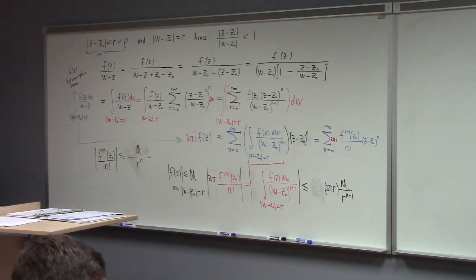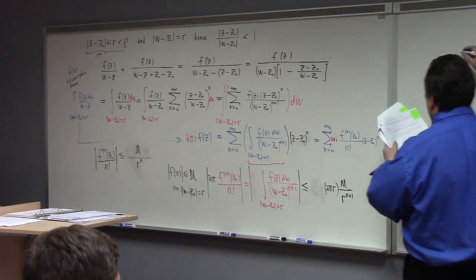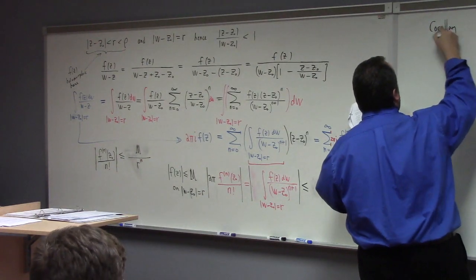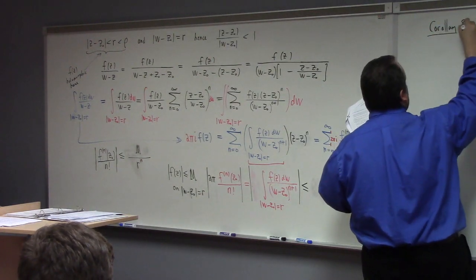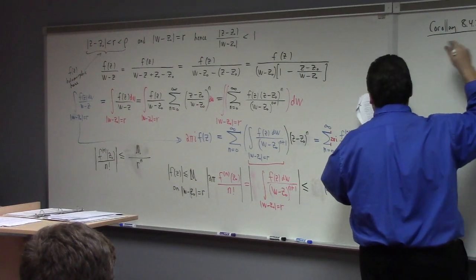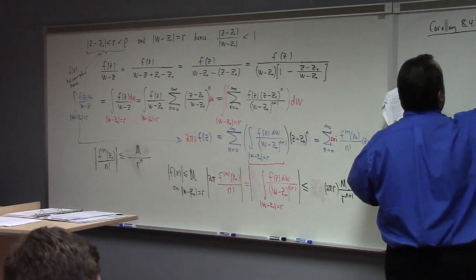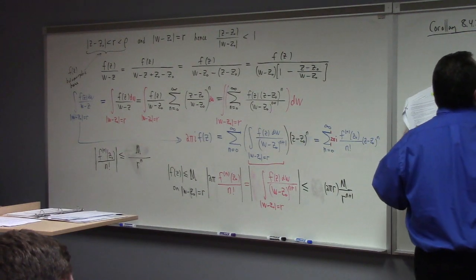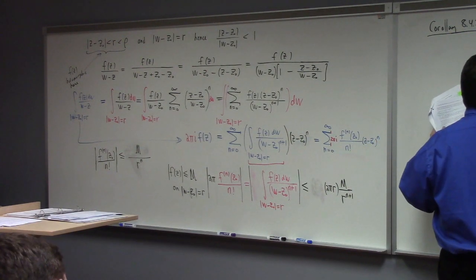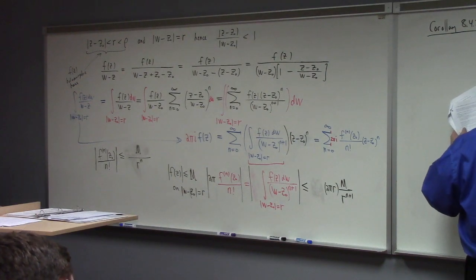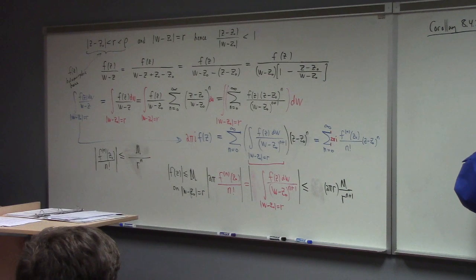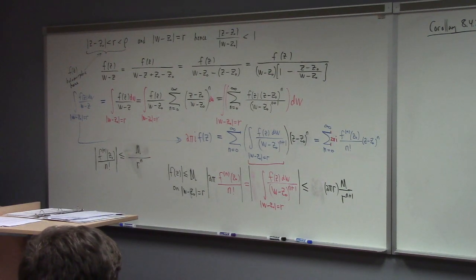Alrighty then. So corollary. This is corollary 8.43. It says that if f of z and g of z are holomorphic for modulus of z minus z naught less than r.